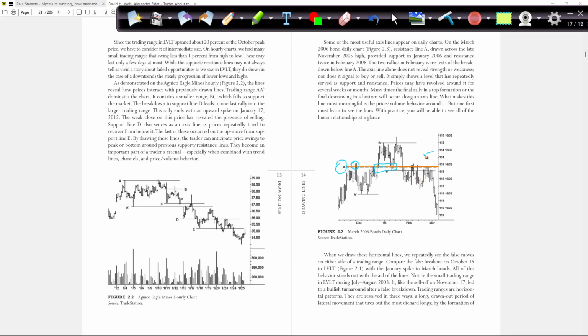And this resistance here is the February 2006 resistance.